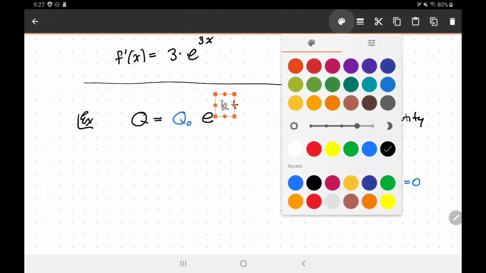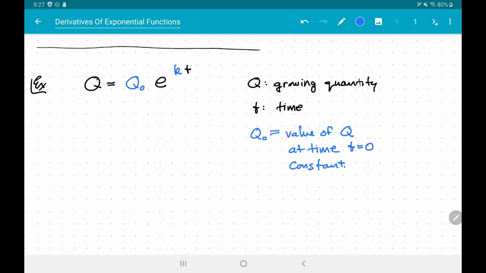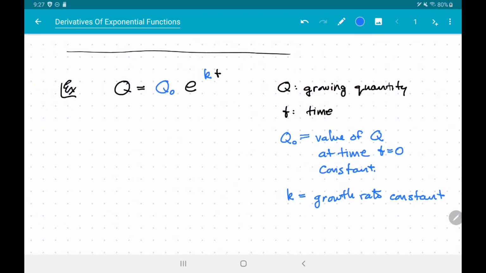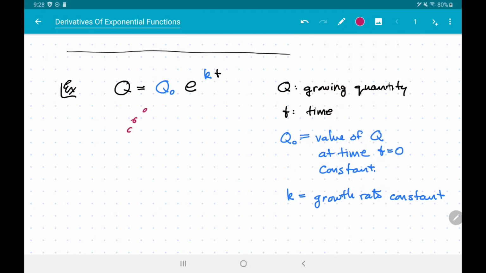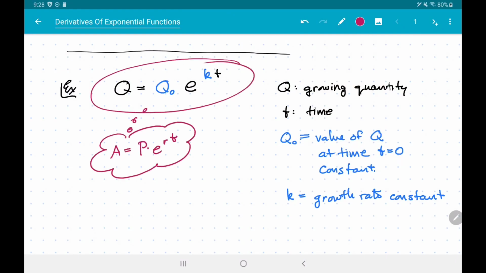Likewise, this k is a constant, so k is a growth rate constant. Kind of like the interest rate in the continuously compounded interest formula. So if you remember, that was A equals P times e to the rt. The formula here is essentially the same thing as continuously compounded interest, just with different letters.